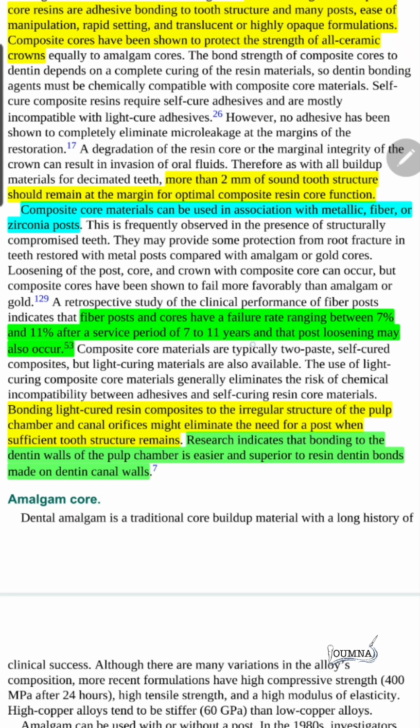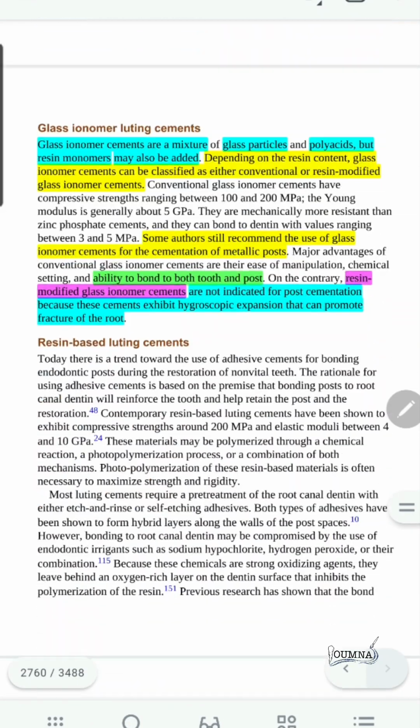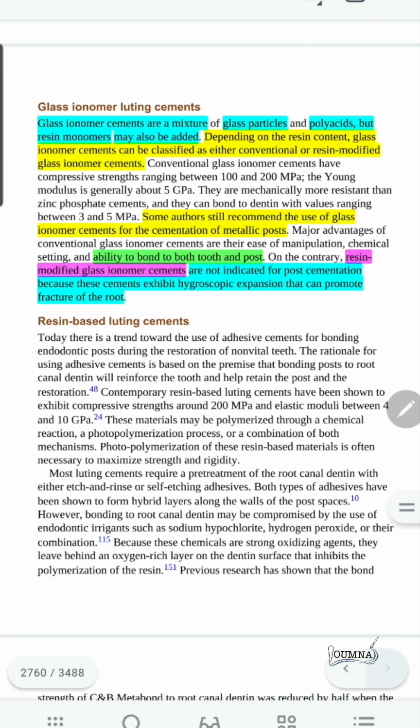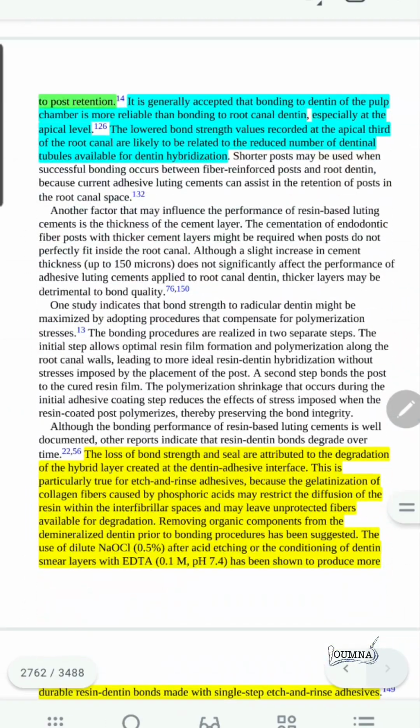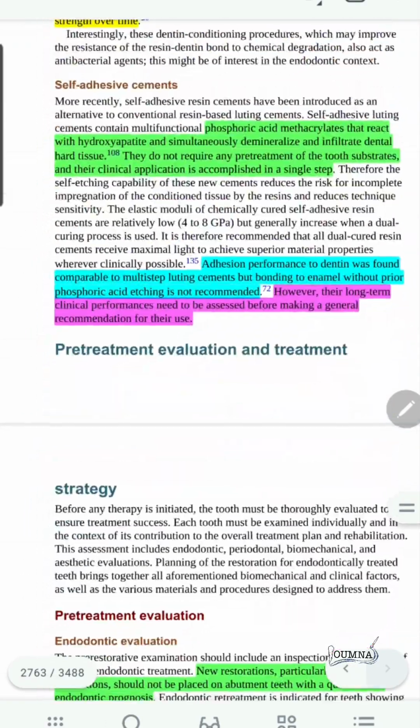But the fiber post has a failure rate of 7% after 7 years due to getting loose. We usually cement the metallic post with zinc phosphate, and the fiber post with the dual cure resin cement.